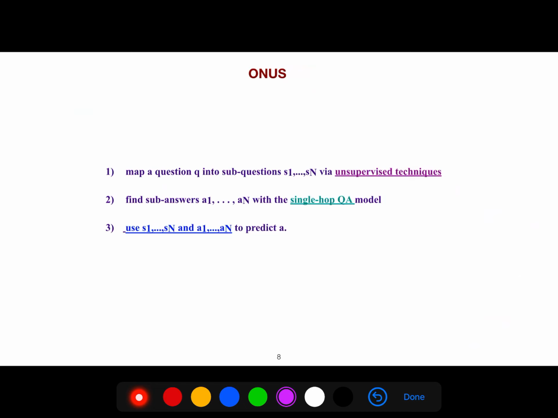So it's just 3 steps. We map a question into sub-questions, as I said, a pseudo decomposition. Then we find sub-answers A1 through AN with a single-hop QA model. And finally, we use those sub-questions and sub-answers to predict the answer of the original complex question.